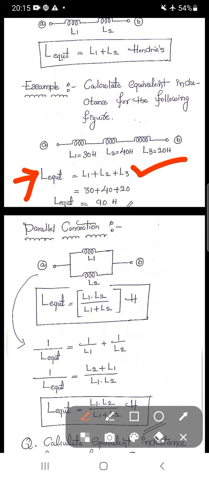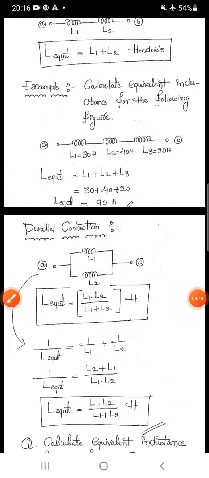Substituting L1 as 30 Henry, L2 as 40 Henry, and L3 as 20 Henry, we get 90 Henry. Like this, we can easily find the total equivalent inductance for any series connection. So this is about the series connection of inductance.